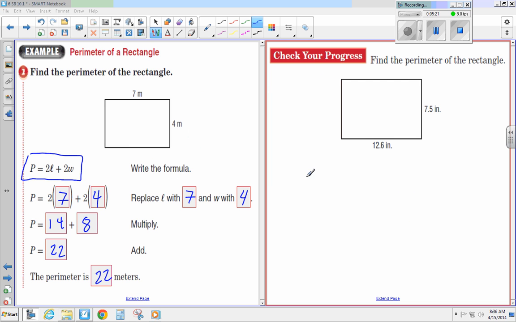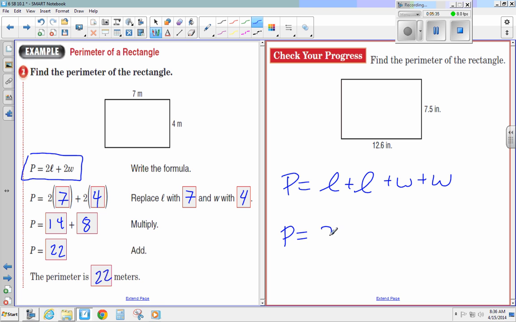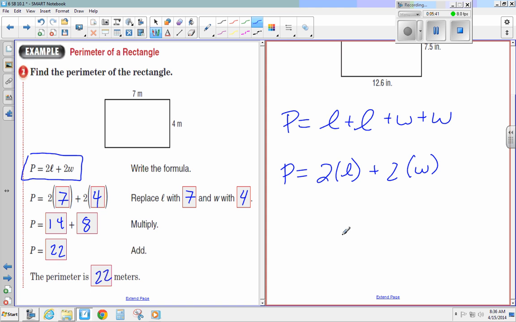Here's another one. You could do perimeter equal to length plus width plus length plus width. You can do it that way if you would like. The faster way, probably nicer way, will be if you take 2 times the length plus 2 times the width. So, plug in the information. 2 times 12.6 plus 2 times 7.5. All right, and now do that multiplication.